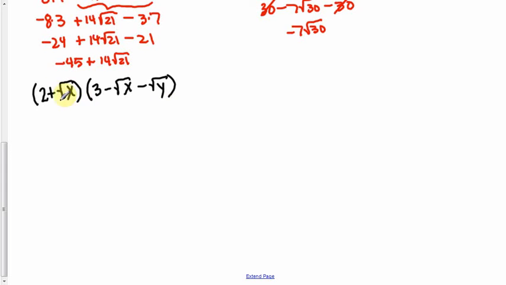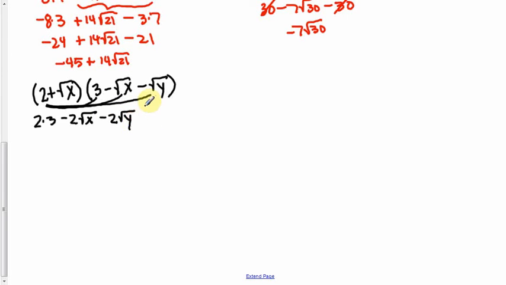Okay? So 2 times 3, and I'll write every step for you. And then positive 2 times negative root x, that's negative 2 root x. So I'm distributing the 2 to everything. Positive 2 times negative root y is negative 2 root y.